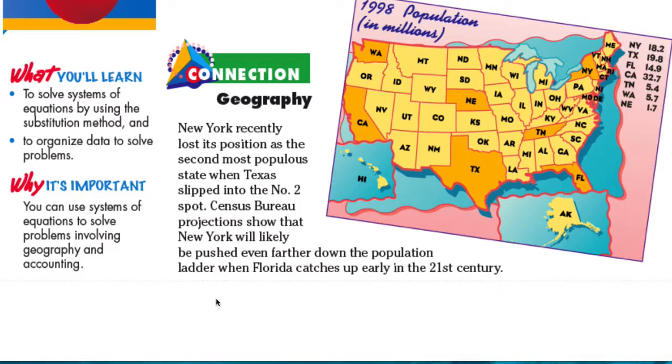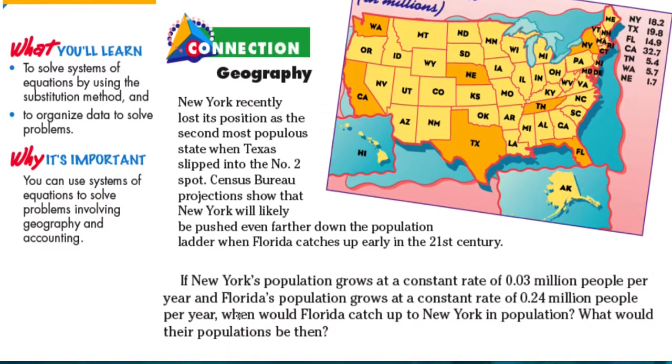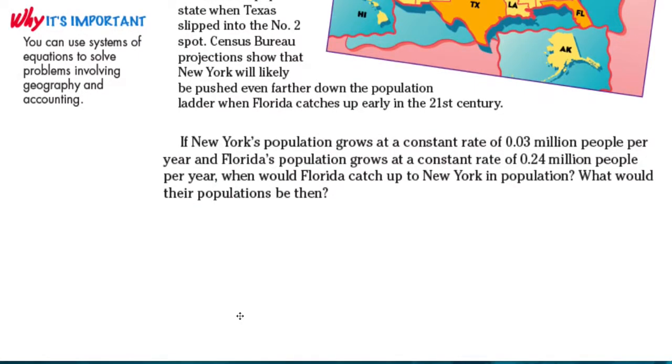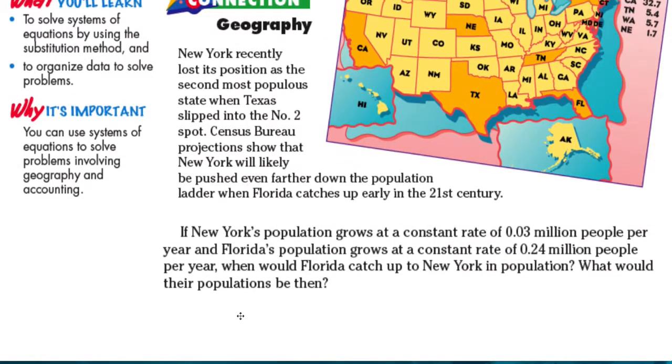So, if New York's population grows at a constant rate of 0.03 million per year, and Florida's population grows at a constant rate of 0.24 million per year, when would Florida catch up to New York in population? What would their populations be then?